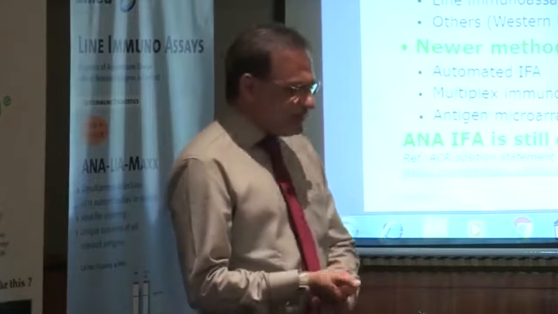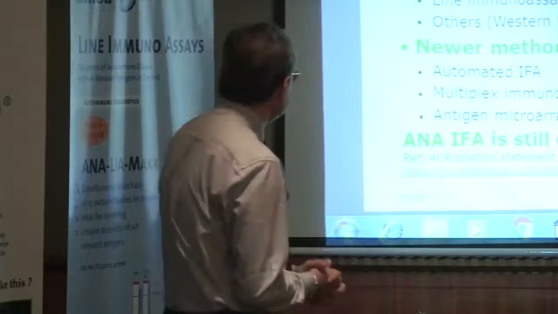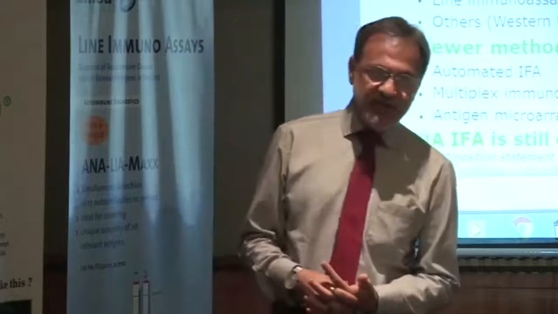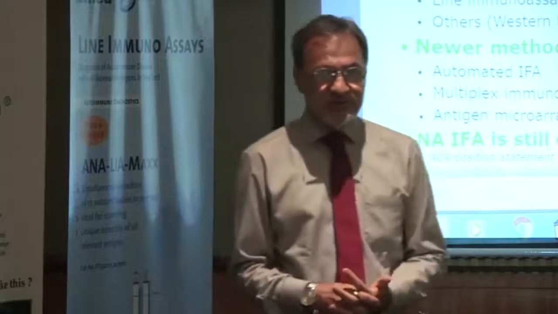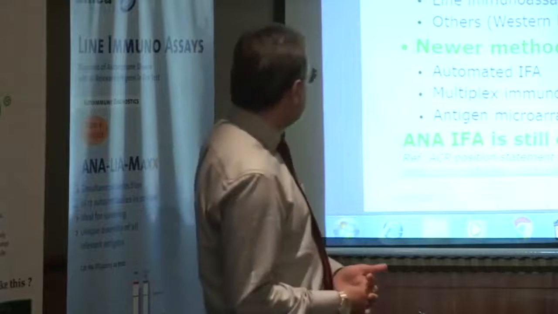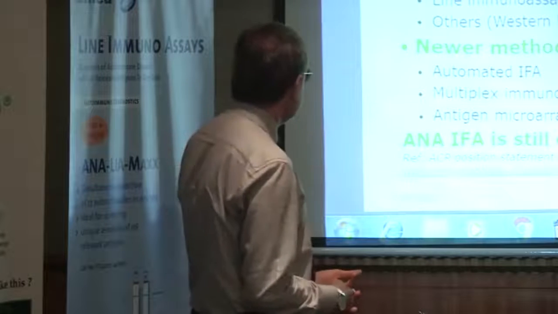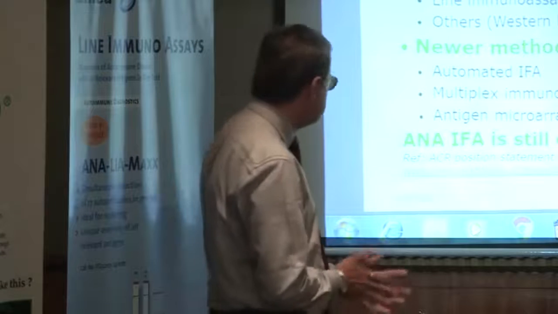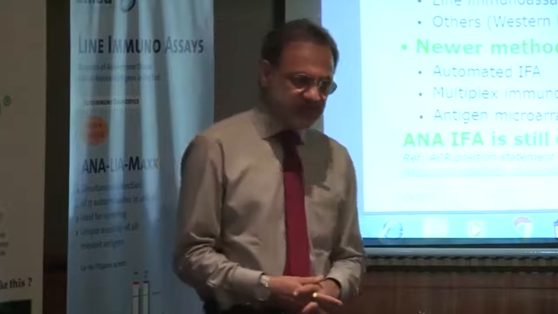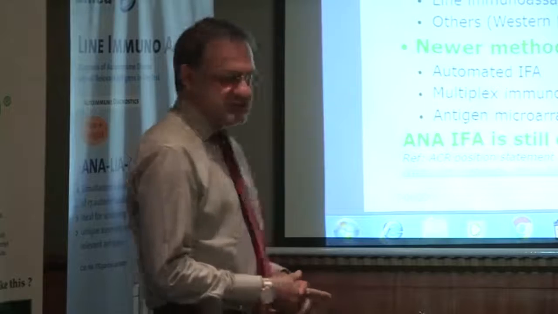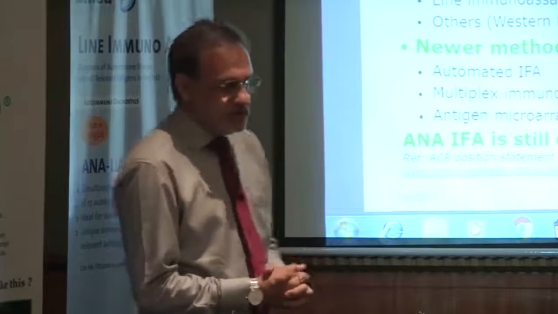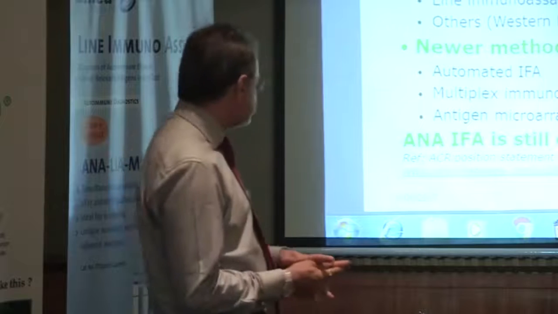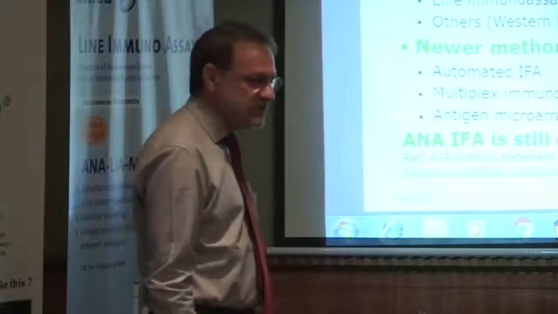The conventional methods for ANA testing are the LE cell preparation, which is of course obsolete, and I think no lab in the world is probably doing this now. Okay, indirect immunofluorescence, then ELISA, line immunoassays, and there are some others which are less popular, with the Luminex platform, and the antigen microarray. Now, in spite of all these technologies available in recent times, the IF remains the gold standard.